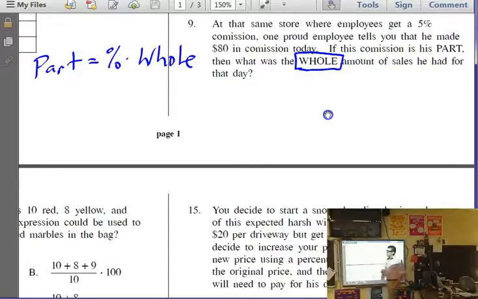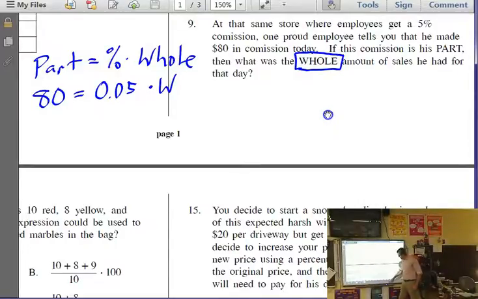And when we look at commission, is that part of what he sold or all of what he sold? Your commission is part of what you sold, and you get to take that home with you as part of your paycheck. So we know his part was $80. We know his percent earnings were 5%, and we don't know this whole value.